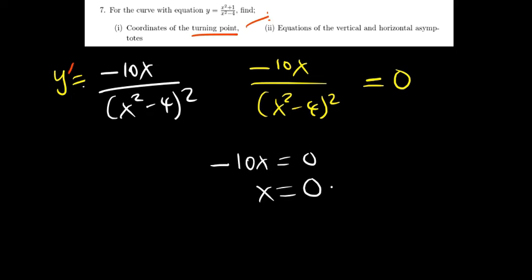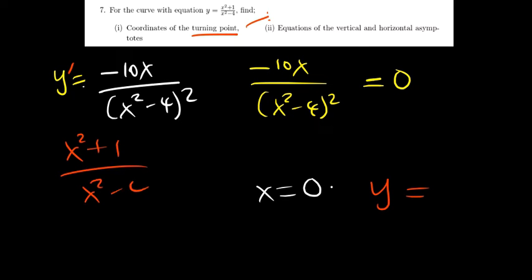Is there any other way in this question that we can get a derivative of 0? Well, as things stand for now, I don't think so. I don't think there's any way. Okay. So therefore, with x equal to 0, to find the other coordinate of the turning point, you're supposed to substitute into the equation itself to find the y value. Our equation itself is (x squared plus 1) over (x squared minus 4).